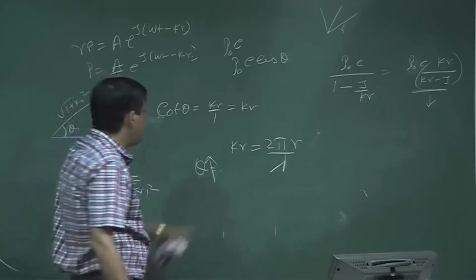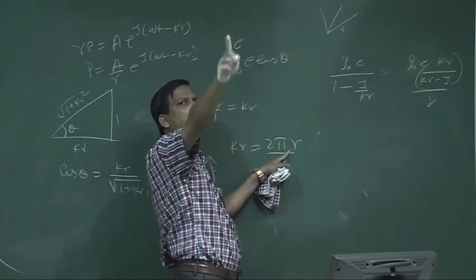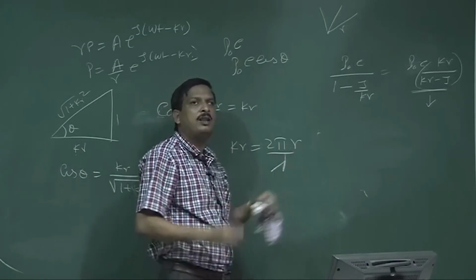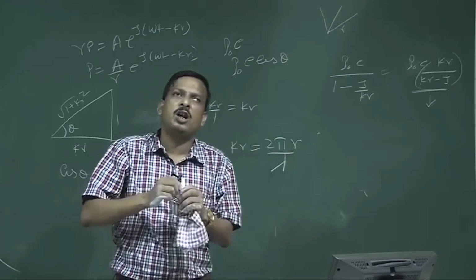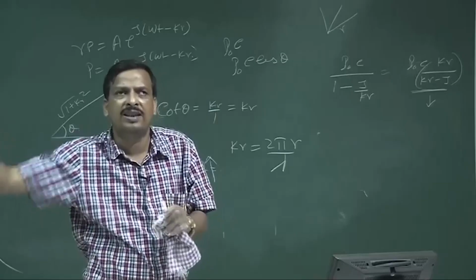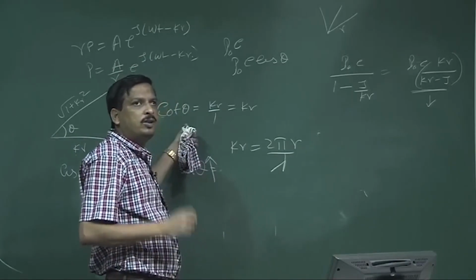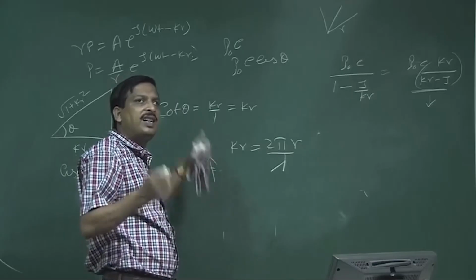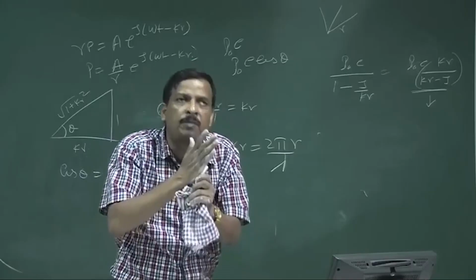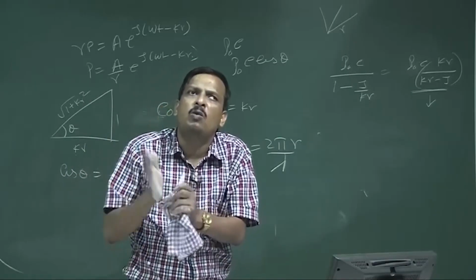Now, if the distance is very far away from the source, compared to lambda, r is very large. That means the acoustic wave has travelled far away from the source. In that case, theta will be very small, because of cot theta. Theta being very small means the angle between the pressure wave and the particle velocity wave will be almost nil.